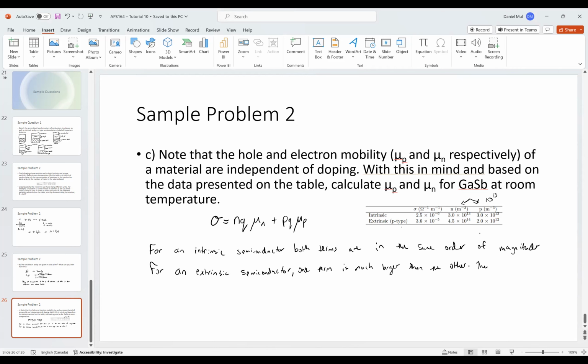So therefore, for p-type, we can typically ignore the conductivity of electrons.